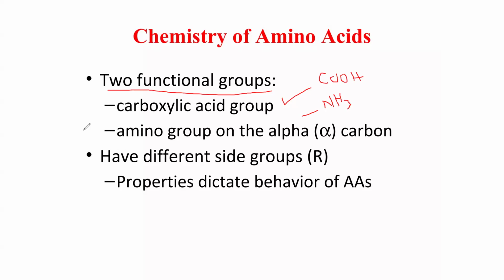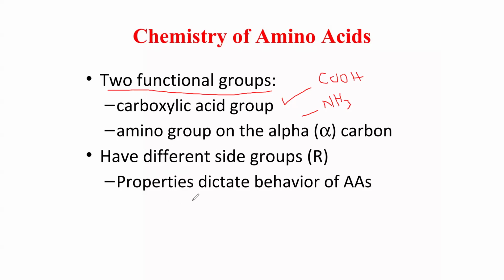And then amino acids have different side groups. They have different side groups, and these properties determine the behavior of amino acids. We have some amino acids that are acidic, some are basic, some are neutral.